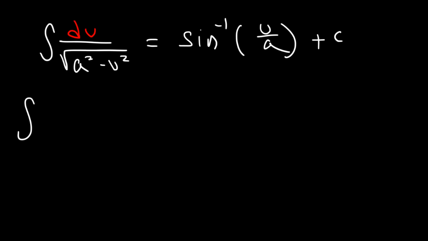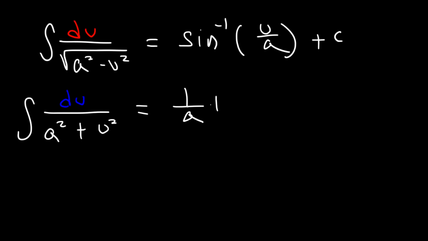The next one looks like this. The integration of du divided by a squared plus u squared is equal to 1 over a arctan, or inverse tangent, u over a plus c. And there's one more.